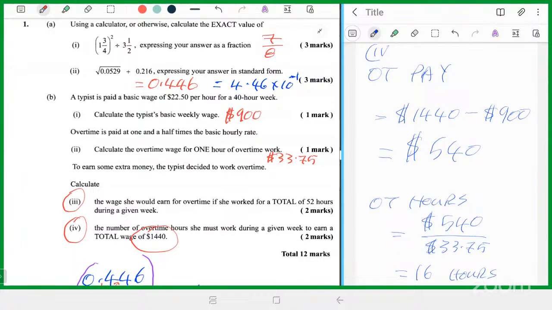So that week she should have worked 56 hours: 40 hours regular and 16 hours overtime to earn that money. I could have asked for the total hours she must work that week, in which case the answer would be 56, but I asked for the number of overtime hours.